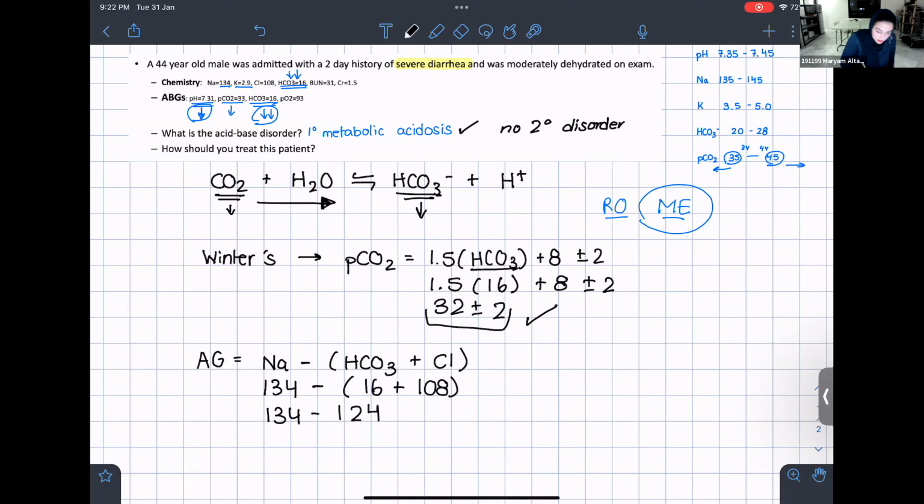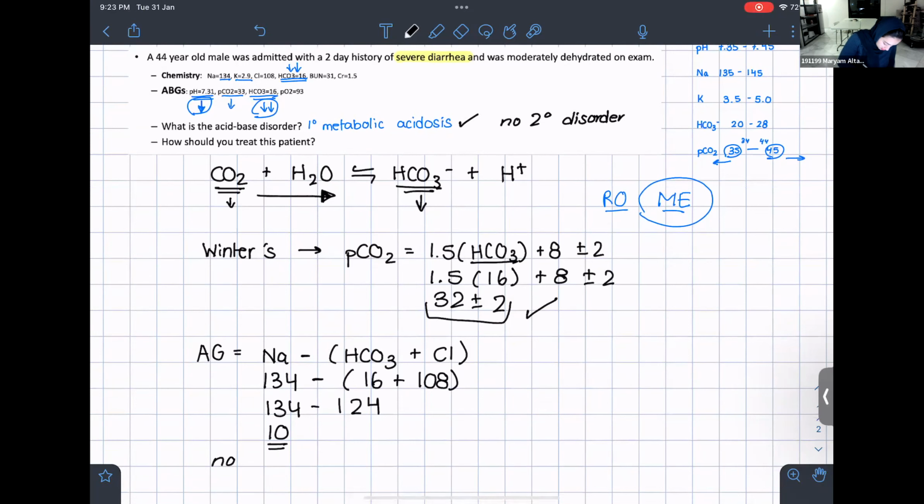See, sometimes we can do math. So this is 10. Remember our normal anion gap should be around 12, plus or minus 4. Is 10 within 12 plus or minus 4? Okay, perfect. So is it an anion gap or is it a non-anion gap metabolic acidosis?